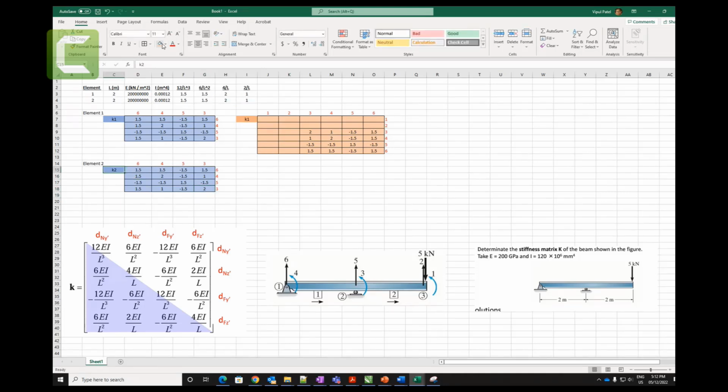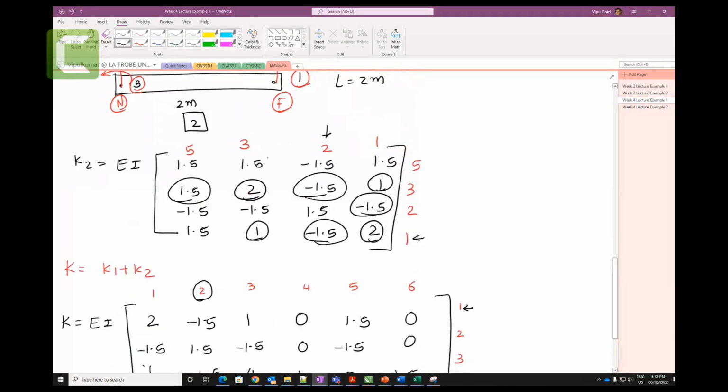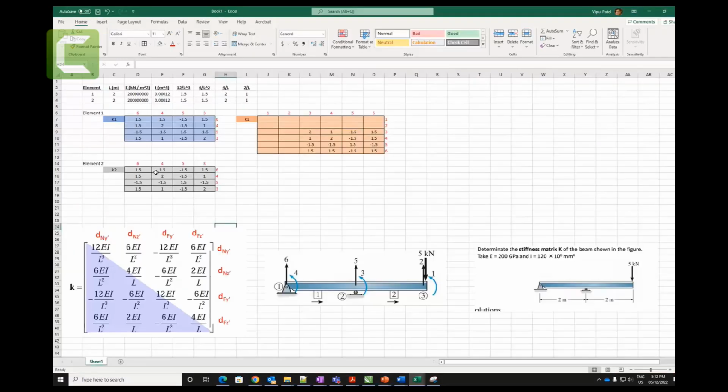I think we can change the color here, probably some different colors, to highlight different stuff. If you remember what numbers we are using for the next one, K2: 5, 3, 2, 1. So that would be 5, 3, 2, 1.